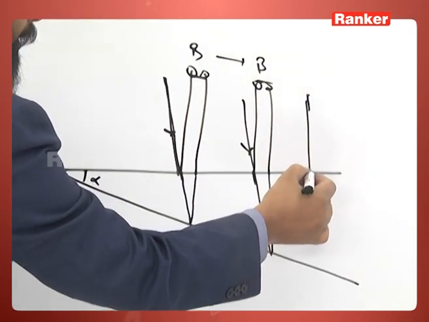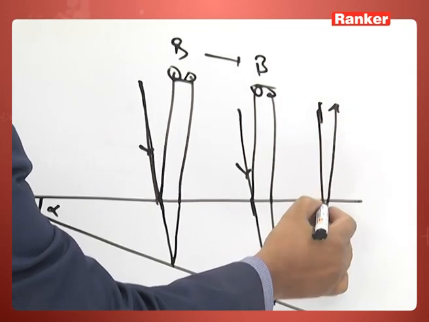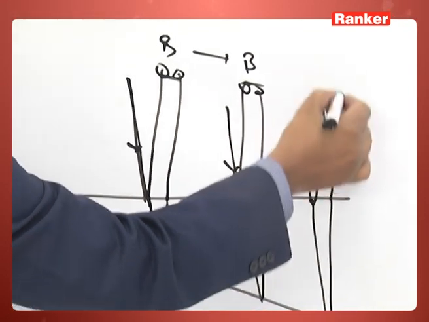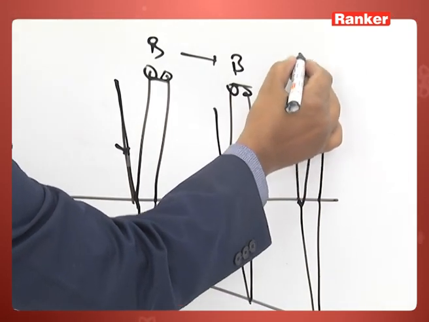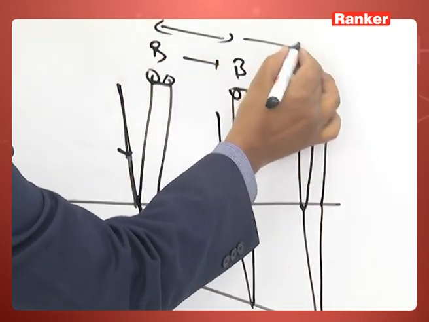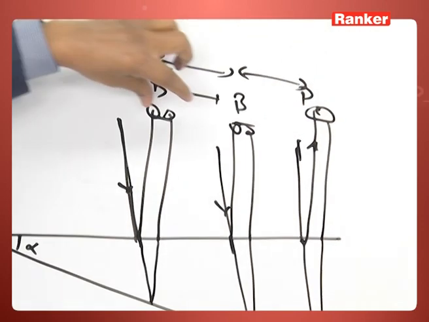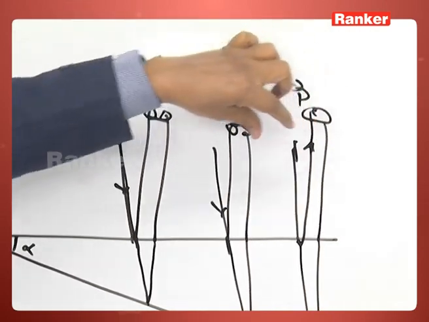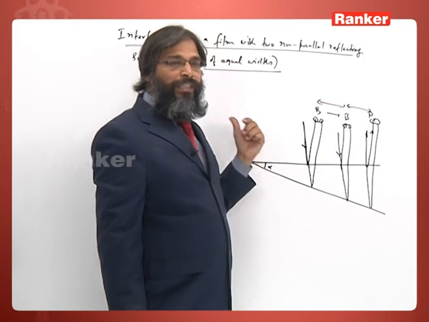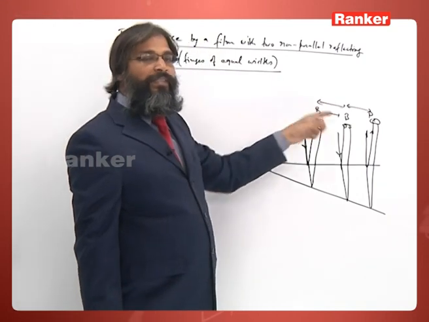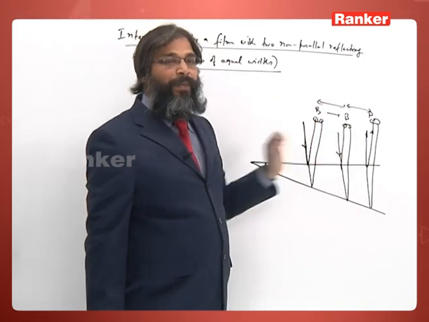Again a wave will be reflected from here, some wave will pass out and again here will be another brightness. So all the brightnesses will be equidistant from each other, means equally spaced fringes will be there, which was not the case when the film is parallel.